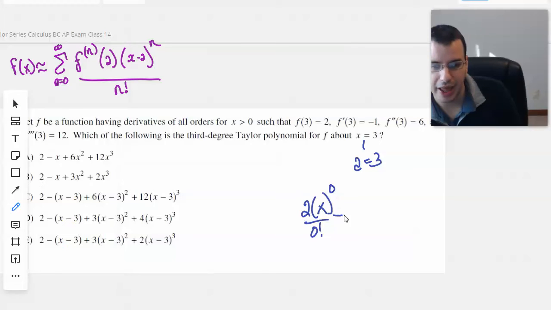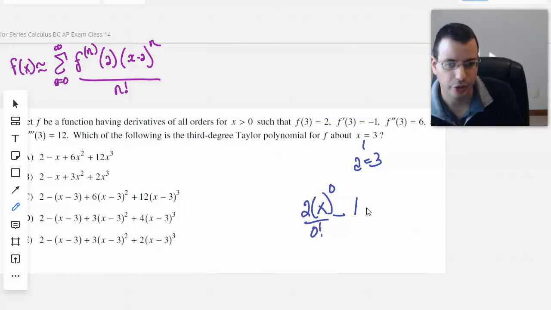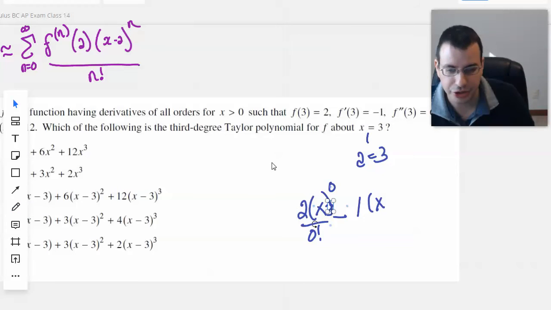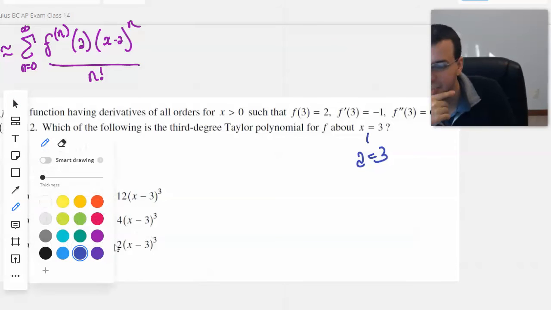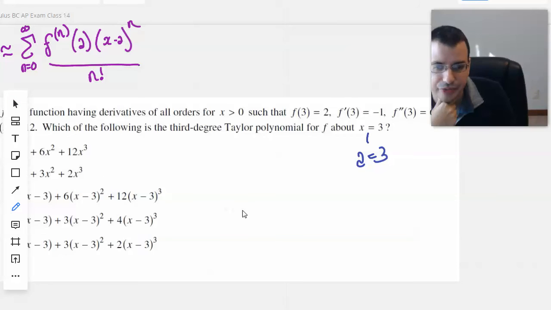And then we will add to that -1. So I'll subtract 1 times x minus 3. I was so busy doing Maclaurin series that I got thrown off by a not equaling 0.